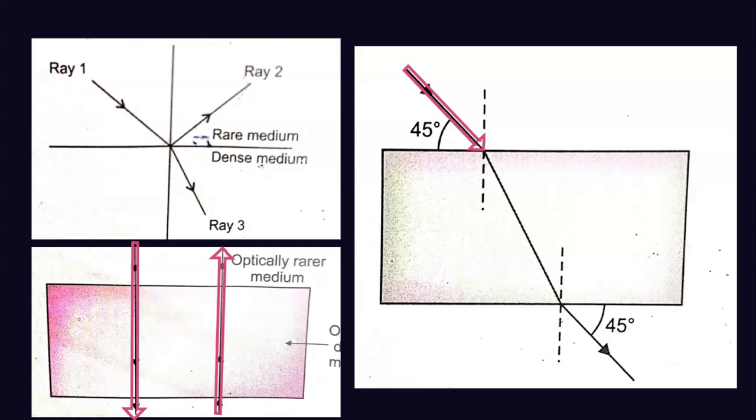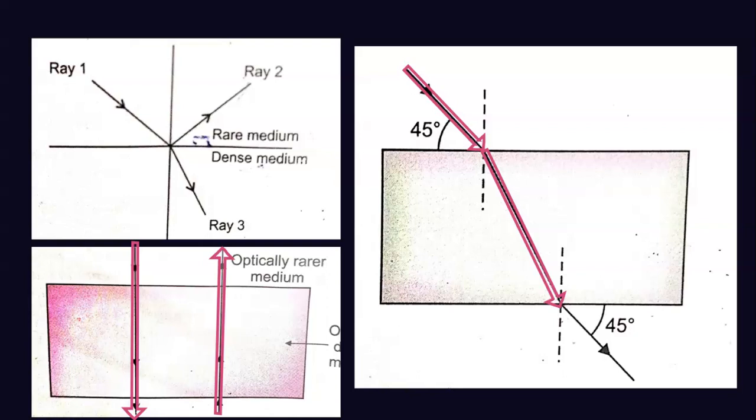Glass is a denser medium because it is a solid. So when the ray of light is going from rarer medium to denser medium, as shown in the diagram, it bends slightly towards the normal. In this case, angle of refraction becomes smaller than the angle of incidence.